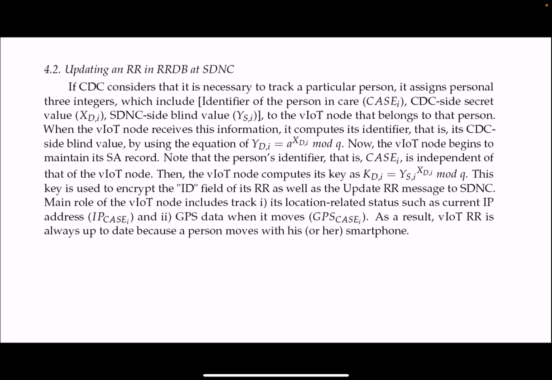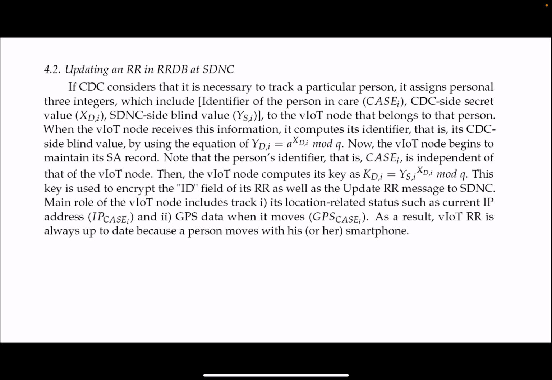Now the virtual IoT node begins to maintain its SA record. Note that the person's identifier, that is KSi, is independent of the virtual node. Then the virtual node computes its key as KDi equals YSi to the power XDi mod q.